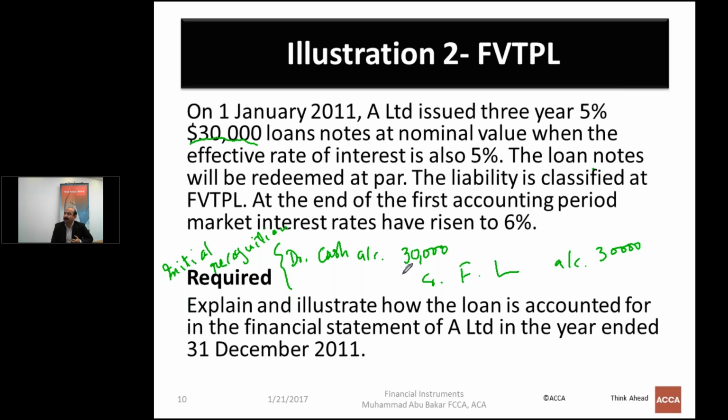But anyway, in this question, there is no issue cost. Had it been there, we would have ignored it for the purpose of initial recognition. That is simply an expense.